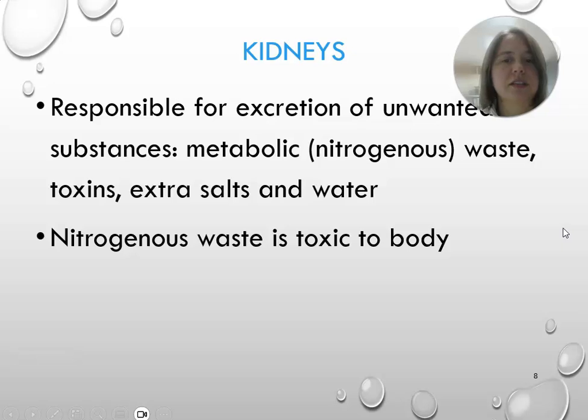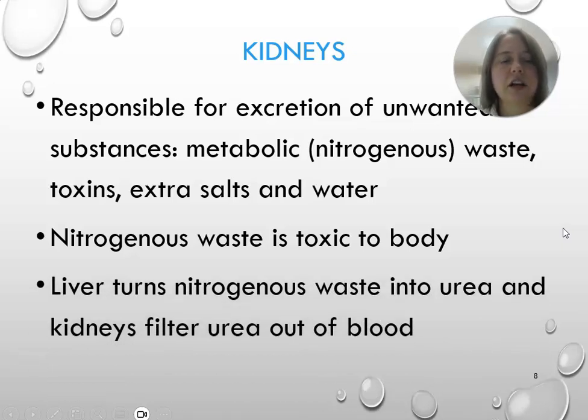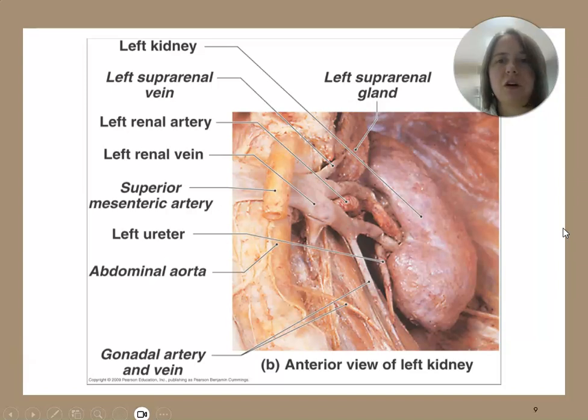Because nitrogenous waste is toxic to your body. Your liver turns toxic nitrogenous waste into urea, which is less toxic, but you still shouldn't have a bunch of it around. And then your kidneys filter urea out of blood. So urea is a compound with nitrogen in it that isn't as toxic as some of the other compounds with nitrogen in them.